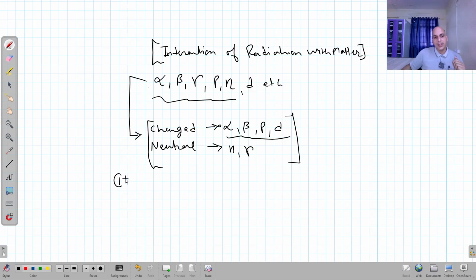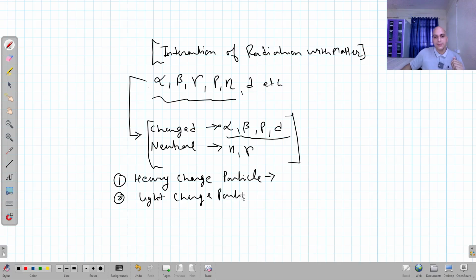One is heavy charged particles, and second is light charged particles, and the third category is neutral or electromagnetic radiations.